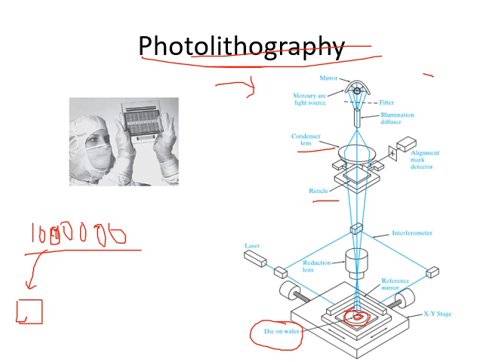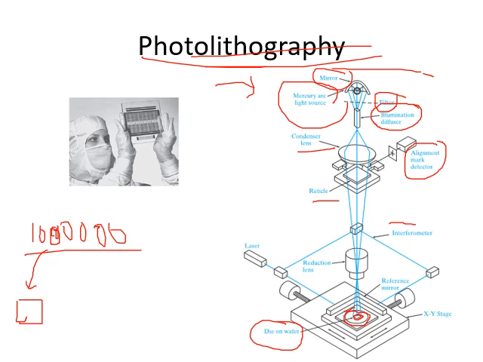This entire setup has a mirror, then a mercury arc light source, then a filter, illumination diffuser, alignment mark detector, interferometer and reference mirror.